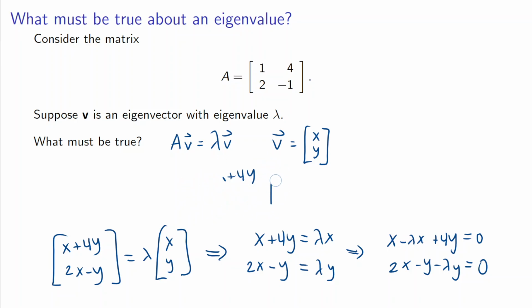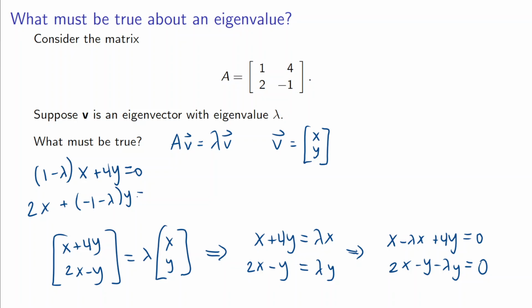So this leads to the fact that if I factor out and rewrite this, (1 minus lambda) times x plus 4y equals 0, and 2x plus (minus 1 minus lambda) times y equals 0. But what does this actually tell us?